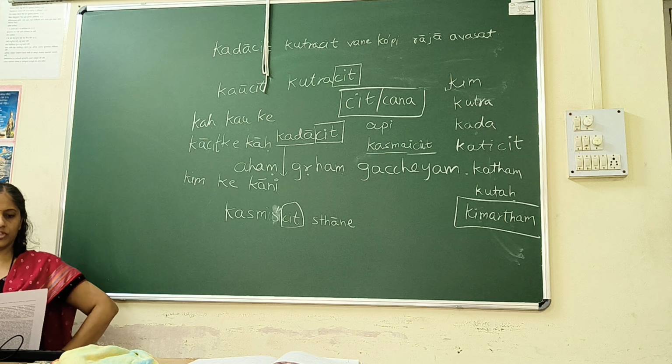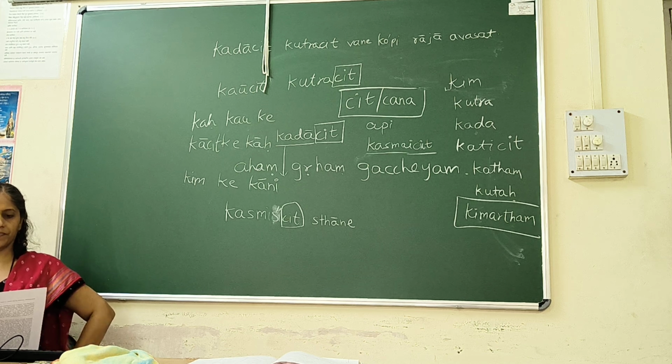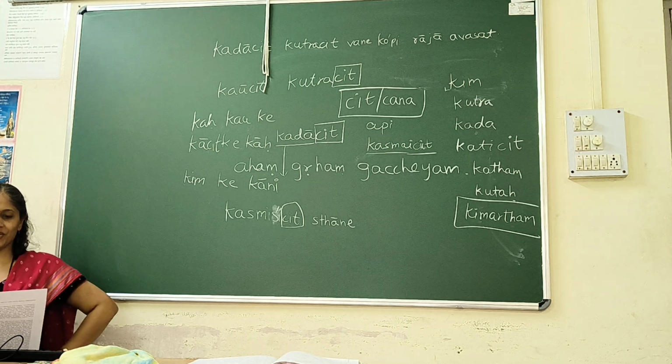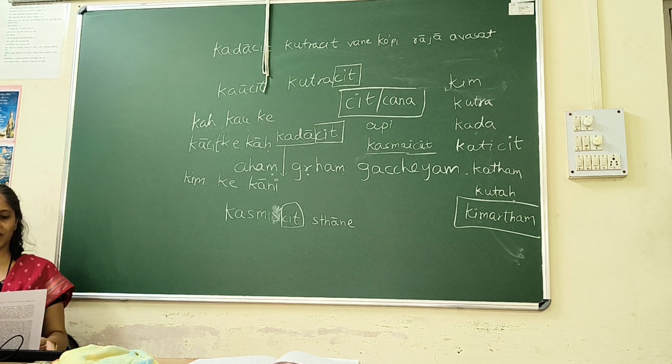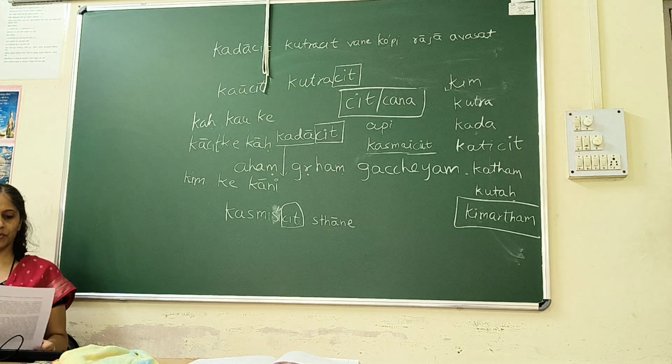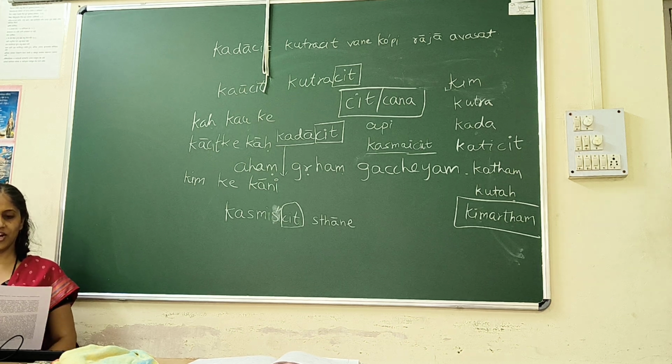You also know now chit, chana and api added to some word. Kadachit. Yes, you got it? Kadachit? Yes, immediately you got it. Kadachit. You will get more. Kadachit one you have got, you will get more also. Just try to read and you will get.